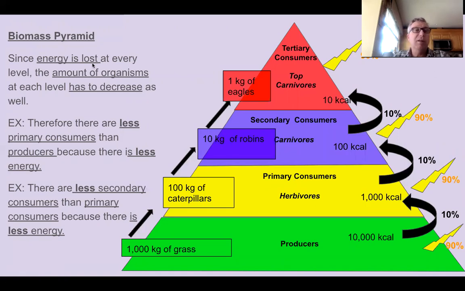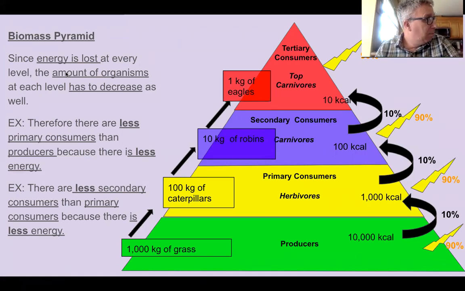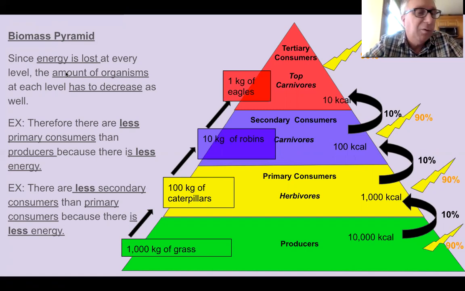Since energy is lost, we're at the biomass pyramid, the bottom. So you should answer the question, explain why biomass is used instead of number of organisms. And I think I explained that. Biomass pyramid: since energy is lost at every level, the amount of organisms at each level will decrease as well.